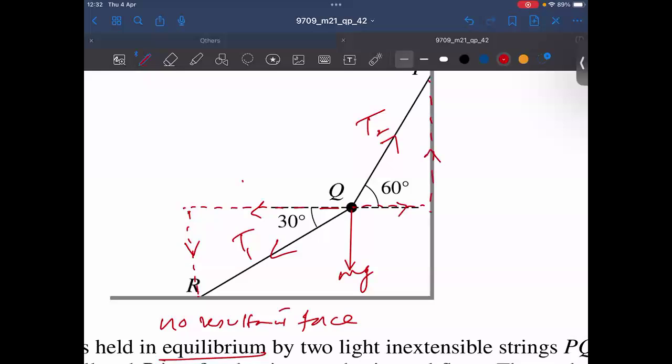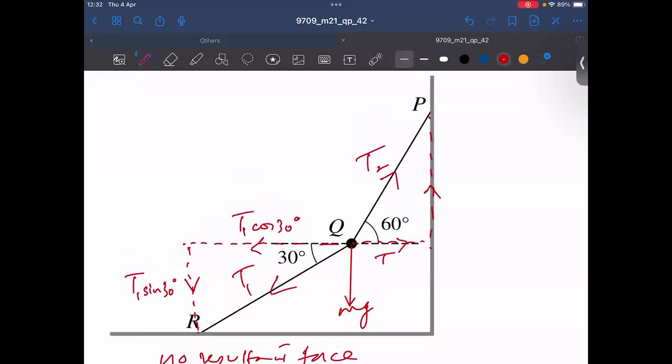This is T1 cos of 30 degrees, this is T1 sine of 30 degrees, this is T2 cos of 60 degrees, and this is T2 sine of 60 degrees.